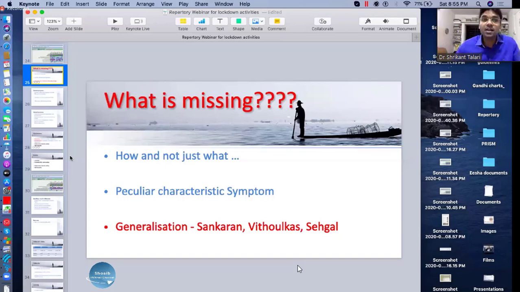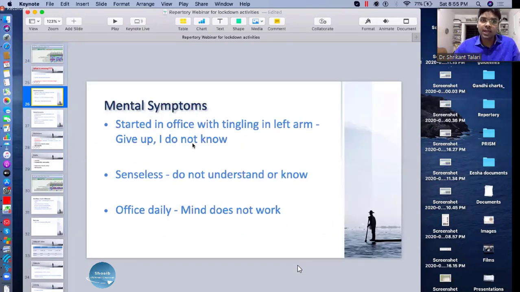We need to find the underlying thing, the general, and that is what all stalwarts, Sankaran, Vithalkos, Sehgal, all of them are teaching us. Look at the symptom beneath all these symptoms. So then I look again and I observe what is the thing that is coming up repeatedly in each of these symptoms.